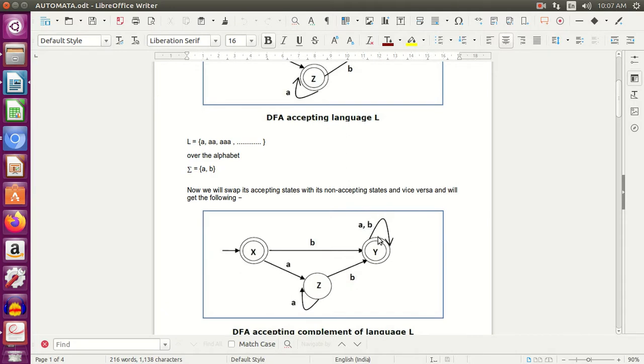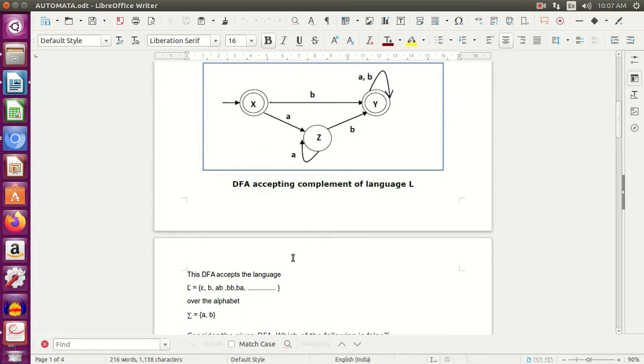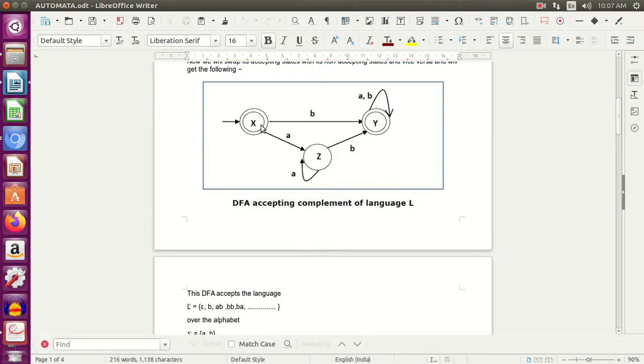Now if you derive the language accepted by the DFA, you will see that it starts with B, or it starts with A followed by a B. These two variations are possible. This portion starts with B followed by any combination of A or B, and here it starts with A followed by B.